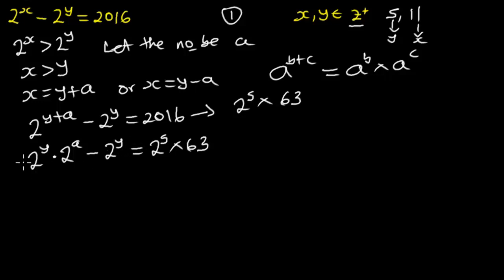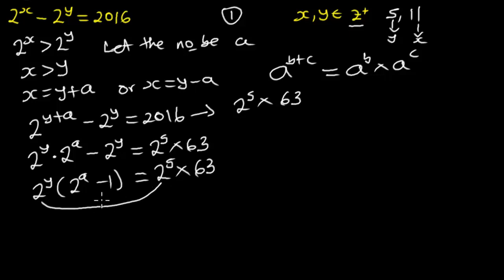Now we have 2 exponent y in common, so let's factorize it out. So I'm going to have 2 exponent y times 2 exponent a minus 1 is equal to 2 exponent 5 times 63. Now we are going to equate this term to this one, and then this term also to this one, just like we did before. So I'm going to have 2 exponent y is equal to 2 exponent 5.